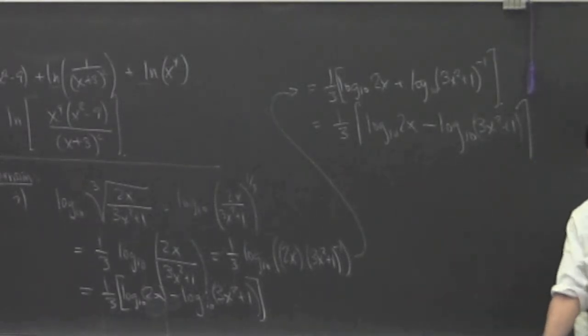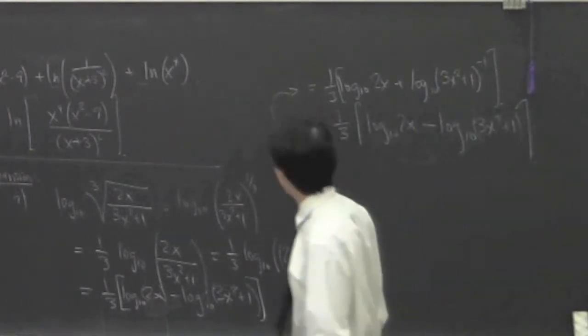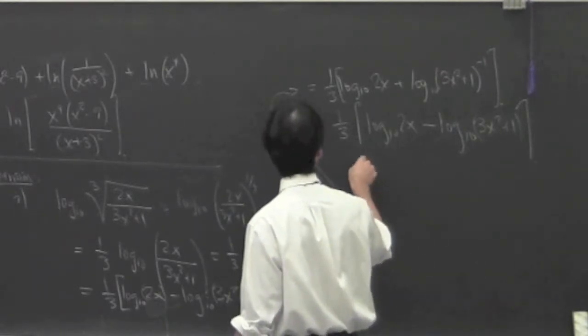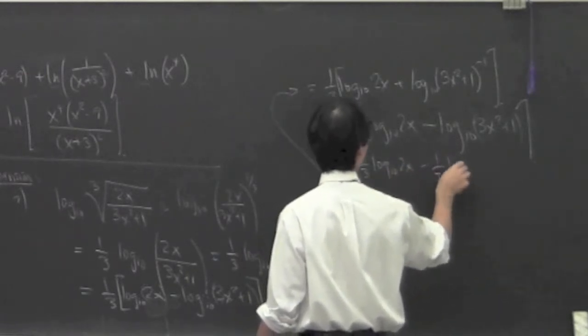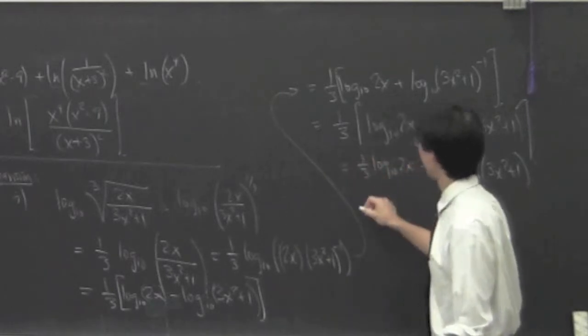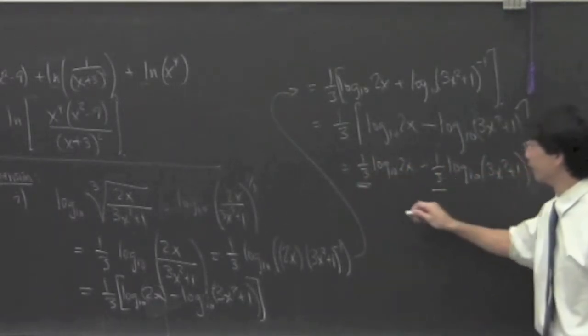You can finish slightly longer than that. And you see what you get in the end: 1/3 of the log of something minus 1/3 of the log of something. We get some combination of logs.